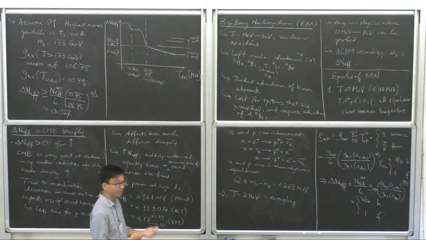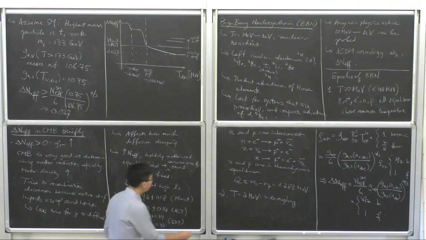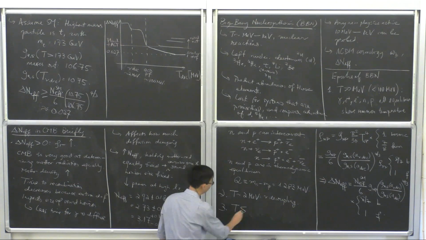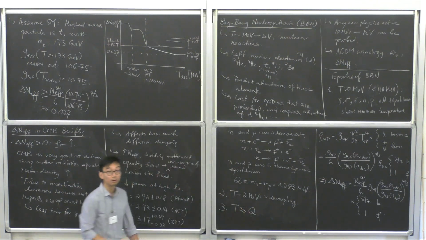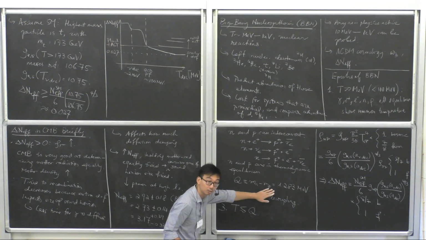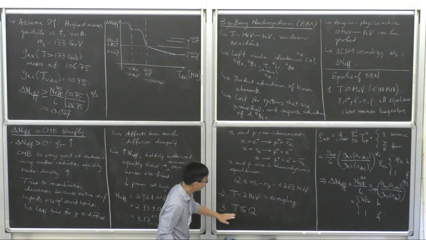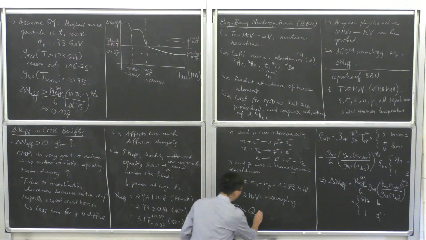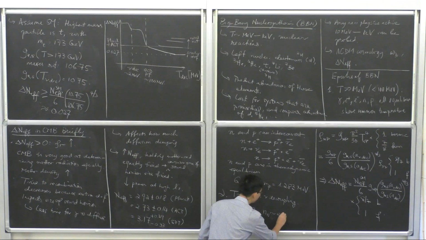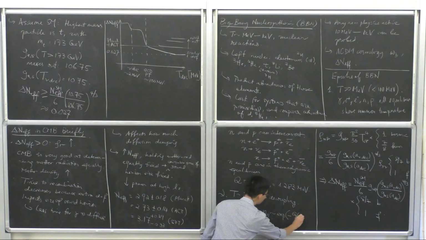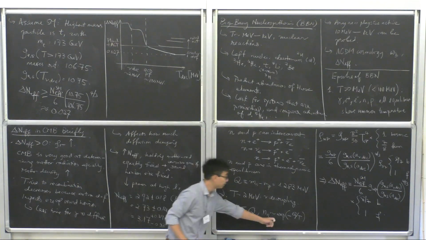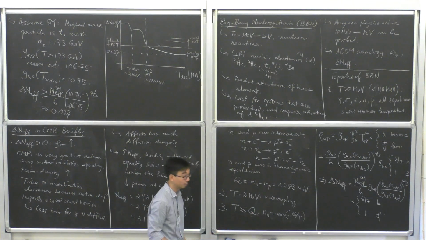I've told this story many times, which is that once T starts dropping below Q, again, neutrons and protons share a common temperature. They are in equilibrium. Once T drops to less than Q, the number density of neutrons picks up a Boltzmann suppression factor that goes as exponential of Q over T. So as temperature drops, this exponential factor becomes bigger and bigger.